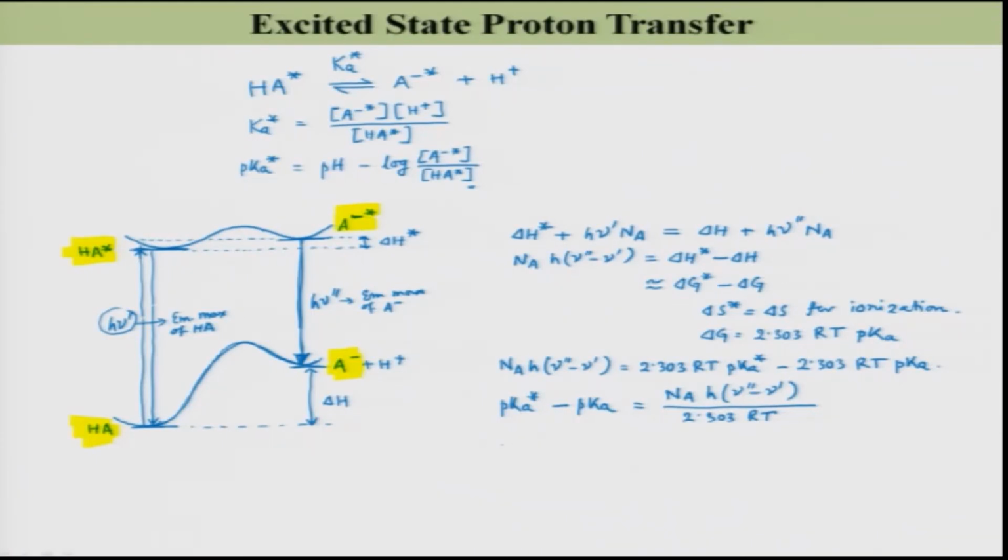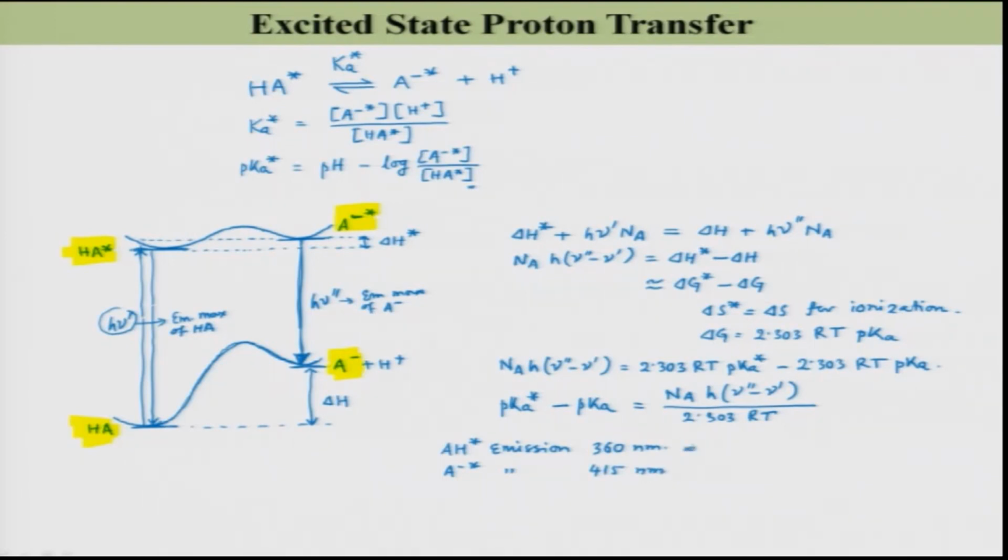Let us say, for example, I should give you an example, for this 2-naphthol, right, I showed, the AH star emission is at 360 nanometer, right, and the A minus star emission is at 415 nanometer.